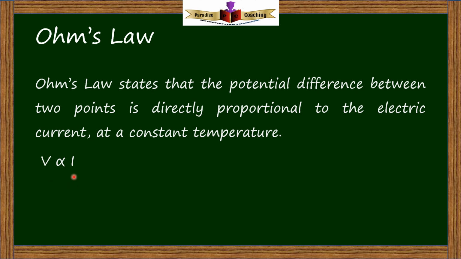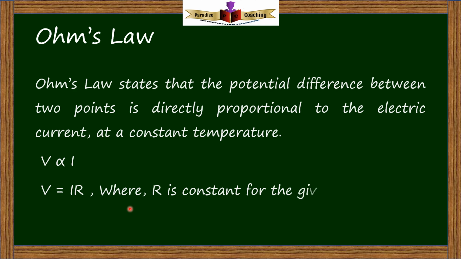And as we all know, whenever we remove this proportionality symbol, we introduce a constant, and this constant is actually called R, which is called the resistance of the conductor or the device.